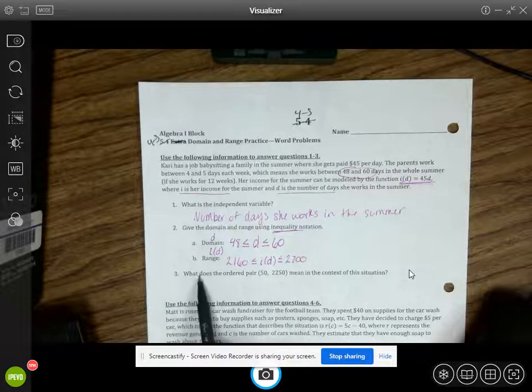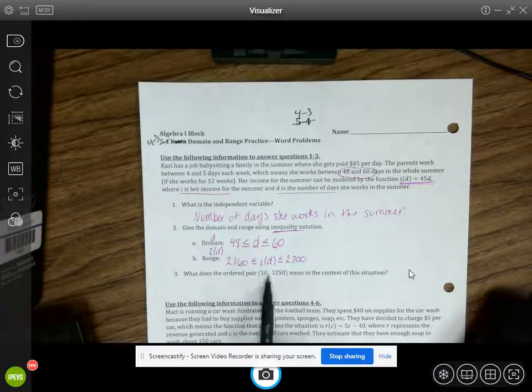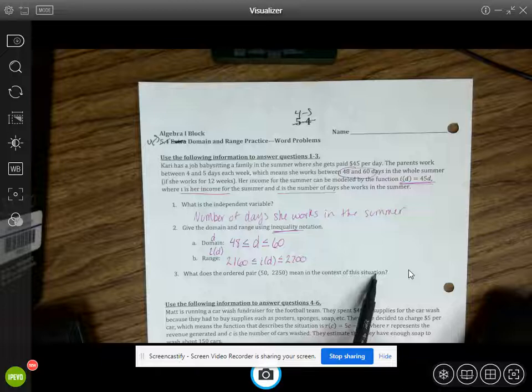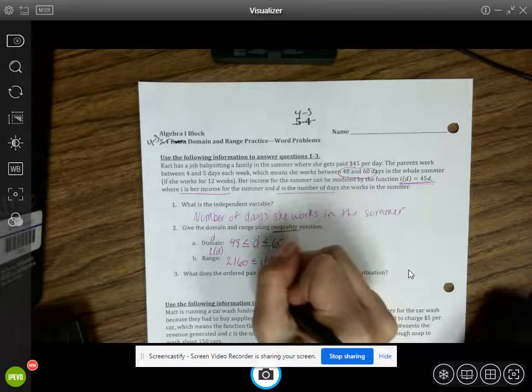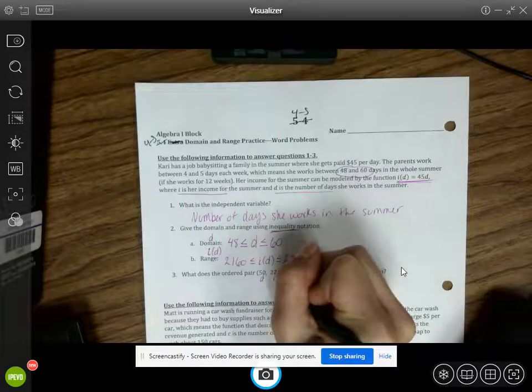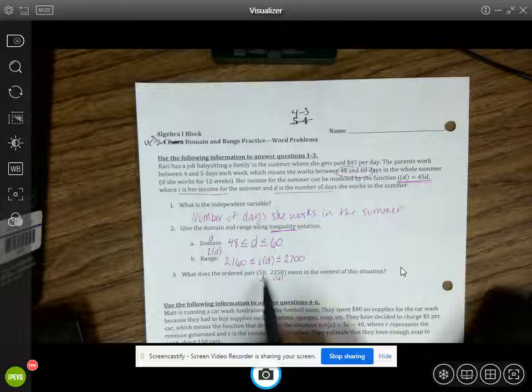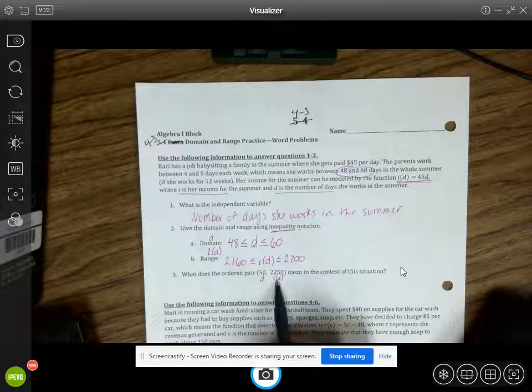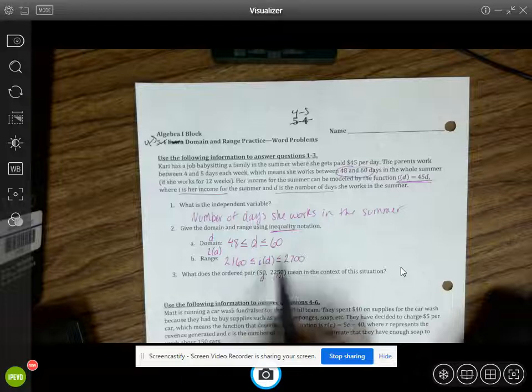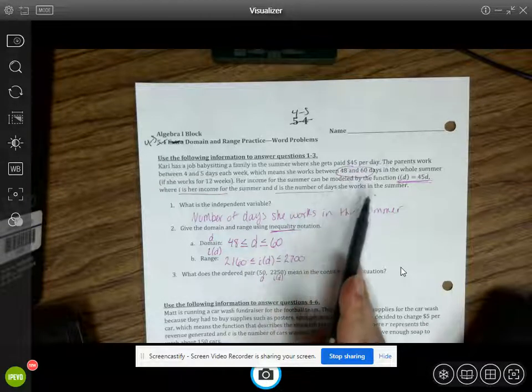Now, the next question asks you, what does the ordered pair 50, 2,250 mean in the context of the situation? So this is like X, but in our problem we're using D, and this is like Y, but in our problem we're using I of D. D stands for the number of days that she works.